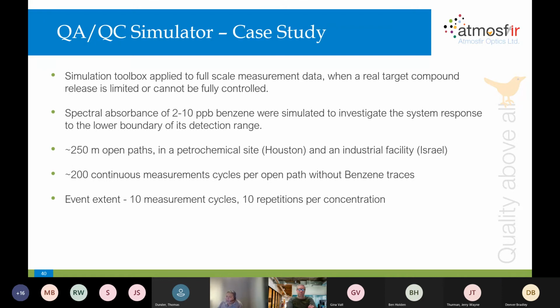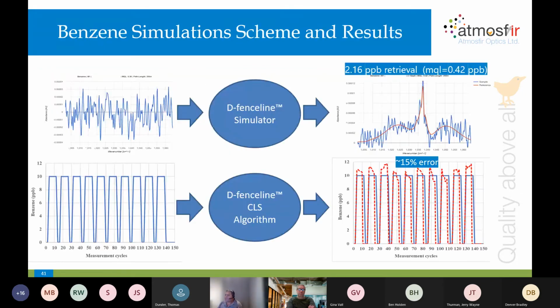We had more than 200 measurements at different concentrations, with 10 cycles for each concentration. In the two pictures on top, you can see how the spectra look before we overlay the benzene, and you can definitely see the benzene. What you see is 2 ppb of benzene with a quantification limit of 0.4 ppb.